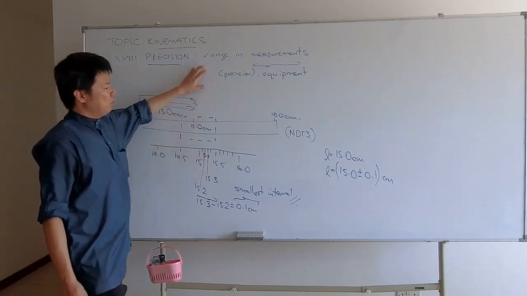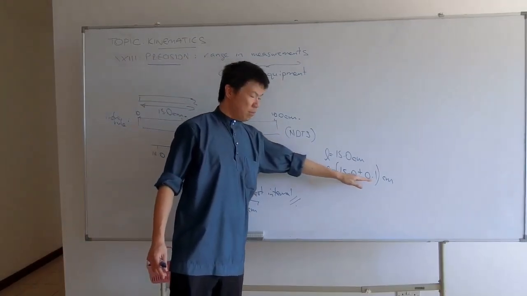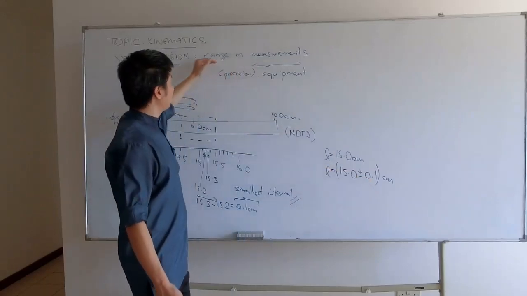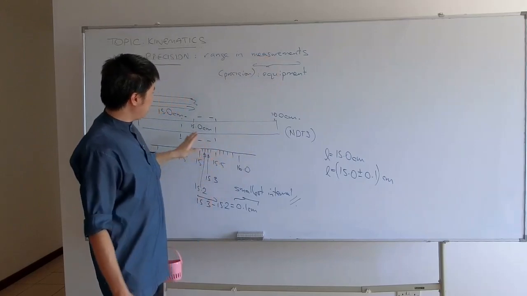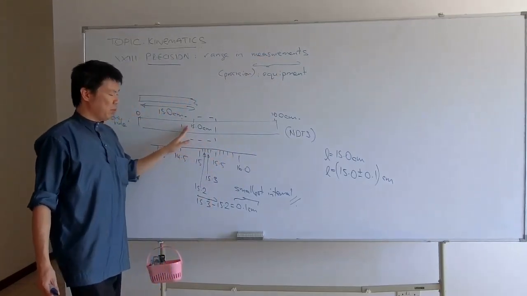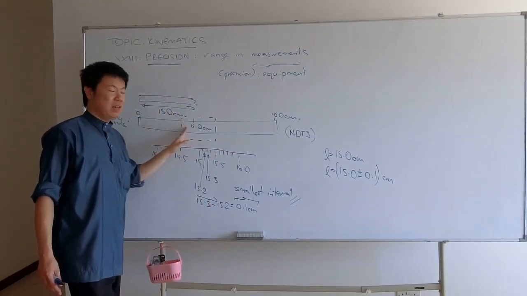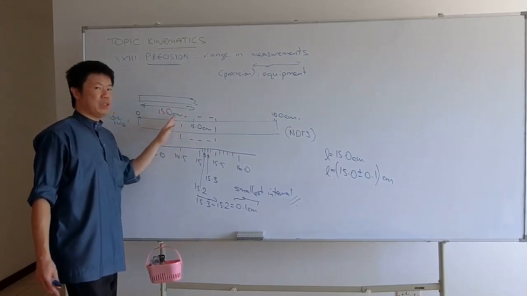Then you might ask yourself, if this is precision, then what does it actually mean, range in measurements? When you measure any object, for example this was 15 centimeters, are you sure 100% that your cloth is really 15.0 centimeters?